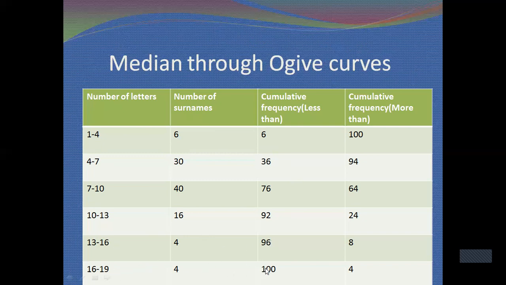These points you have to consider and draw the LCF curve. And for the GCF curve, the lower boundary: (1, 100), (4, 94), (7, 64), (10, 24), (13, 8), (16, 4). After taking these points, you must plot all of them on a graph.